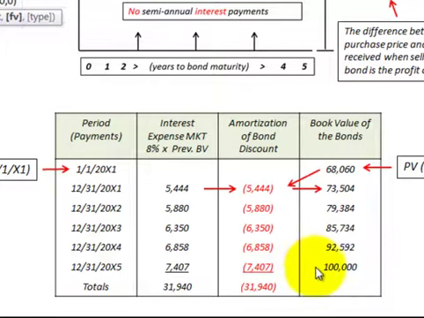So at the end of the 5th year, the maturity value and the book value would be equal at $100,000. And you can see that our interest expense would be $31,940 over that 5-year period, and then that bond discount would be amortized down to a 0 value.